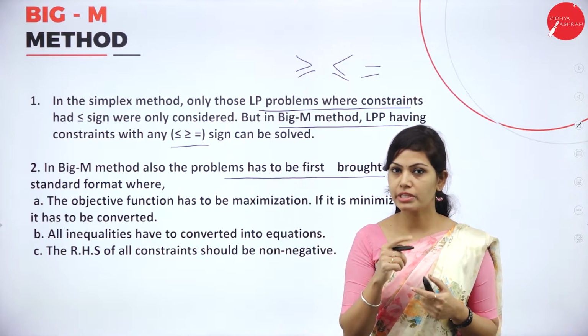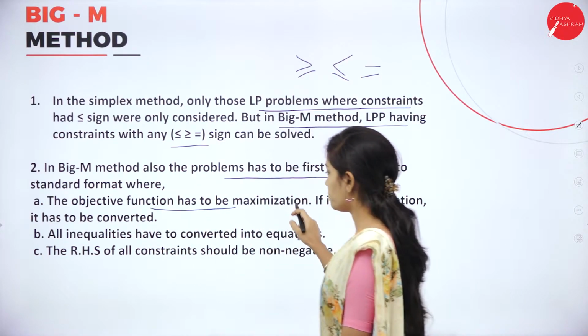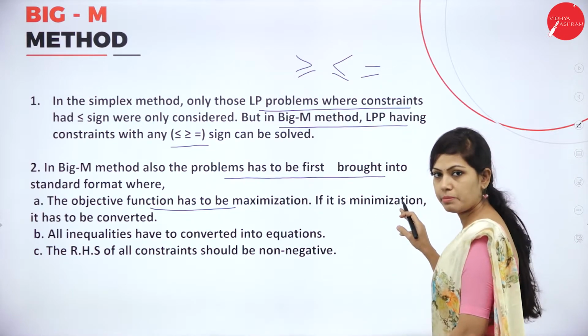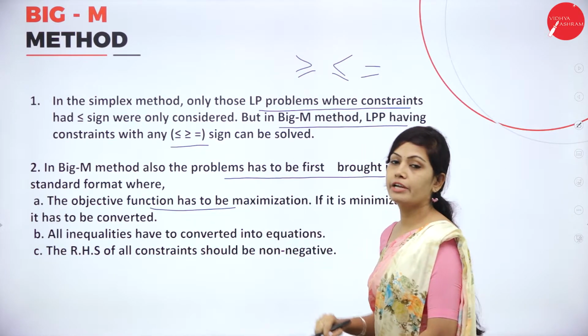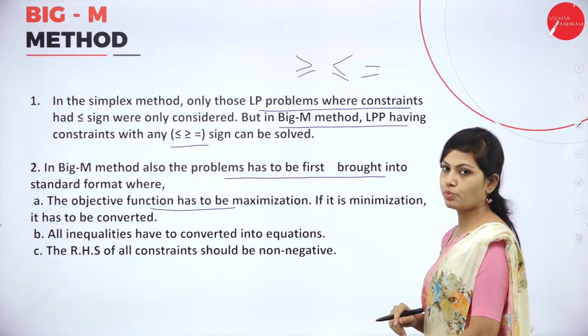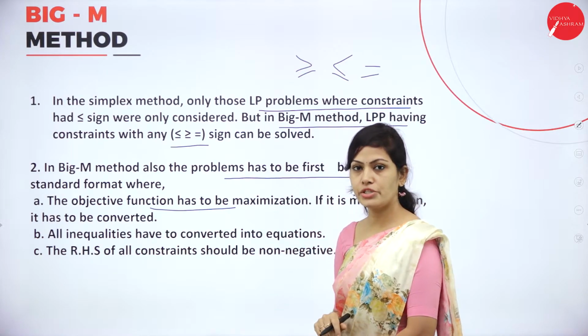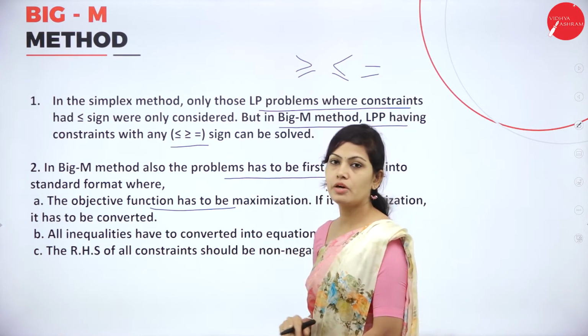That I will explain with an example. And the objective function has to be maximization. If it is minimization, you have to convert it into maximization by multiplying by -1. So the objective function has to be maximization type in BigM method also.